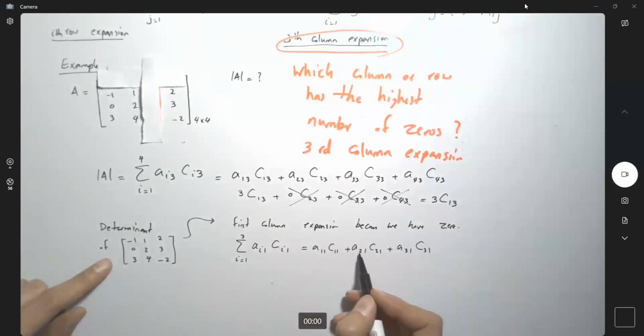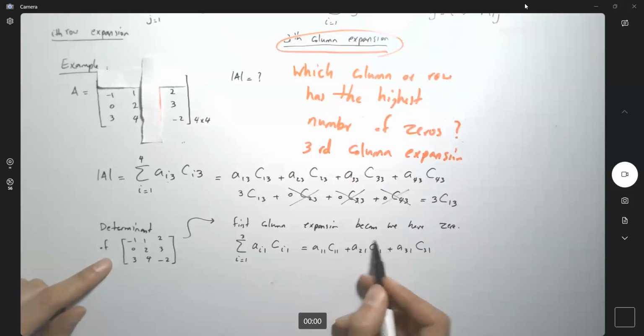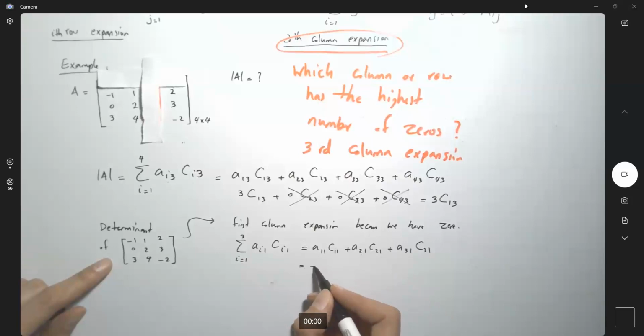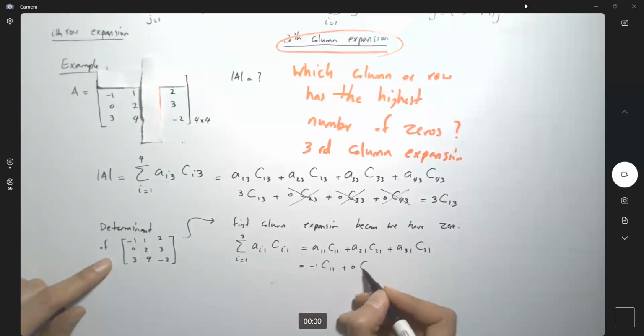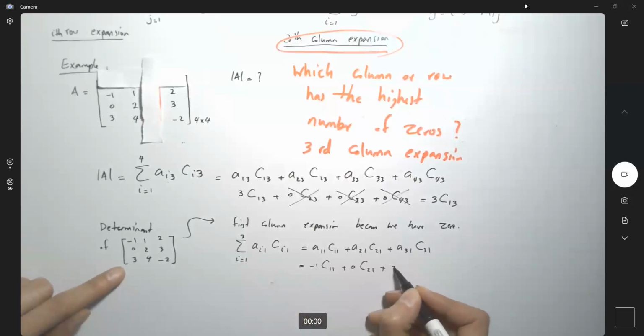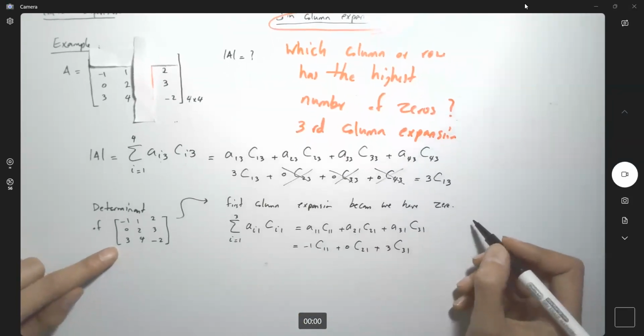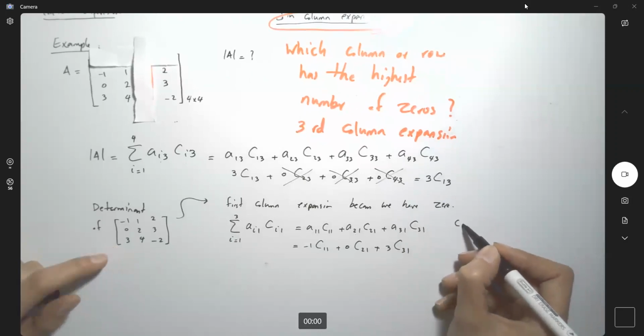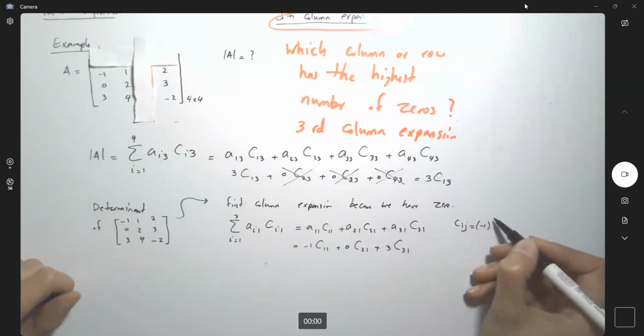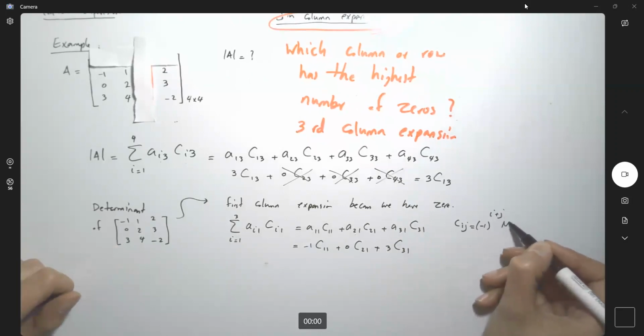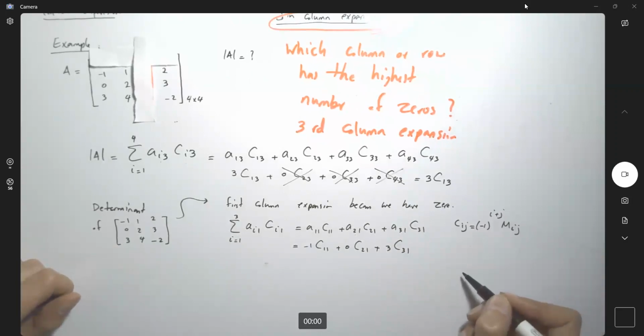And as you saw, this guy is just 0. So since this is 0, this becomes 0. So you have negative 1 C11, plus 0 C21, plus 3 C31. Now we need to find these C values. Cij is equal to negative 1 to the power i plus j, times the determinant of the matrix left, Mij.